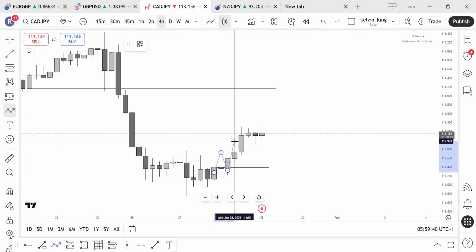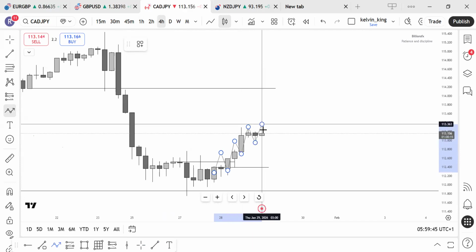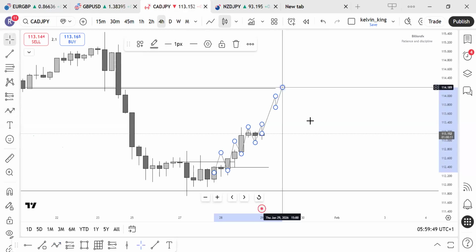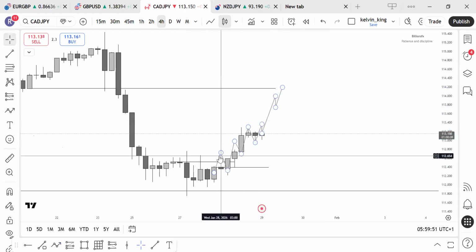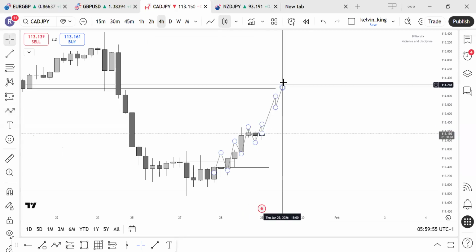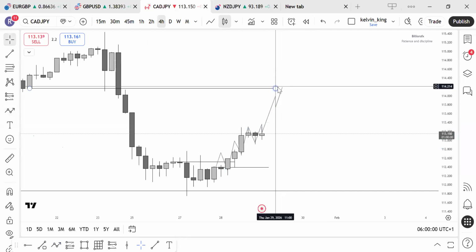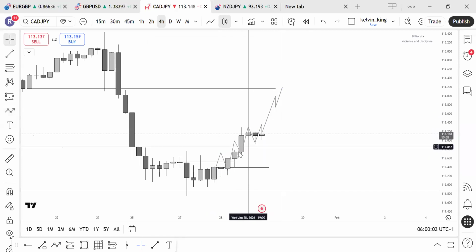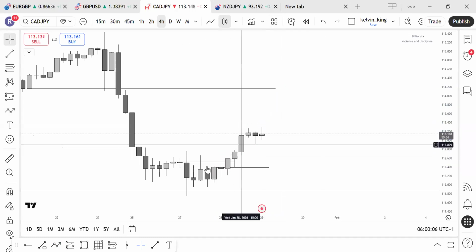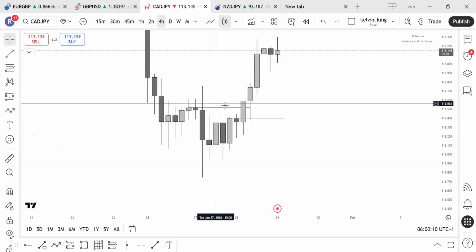Any recent breakout that happens along this line is a potential entry for me until price reaches here. Any new breakout that happens here, that is how you get multiple entries. So price has already shown me that we are now bullish here.